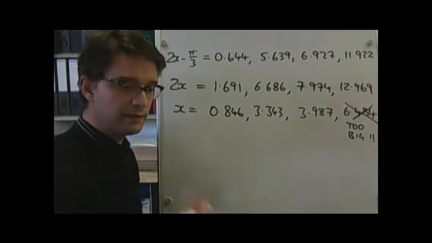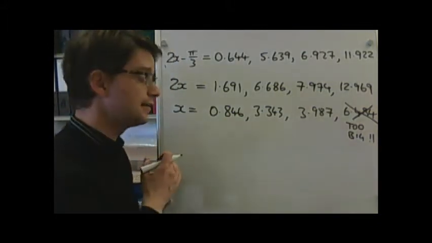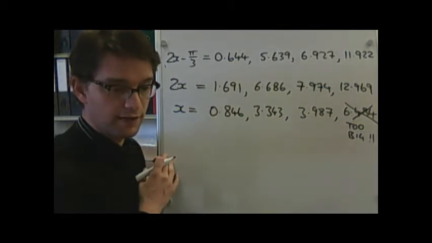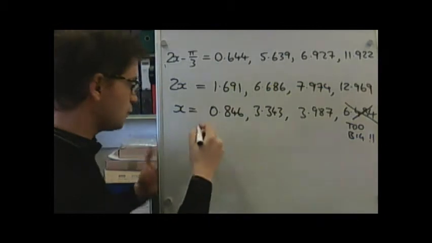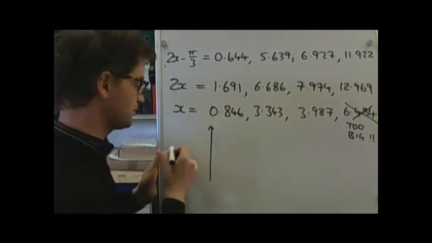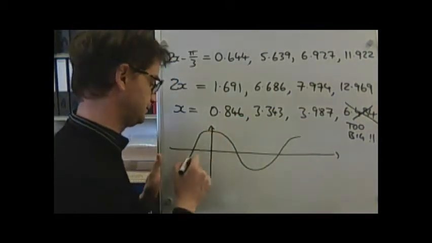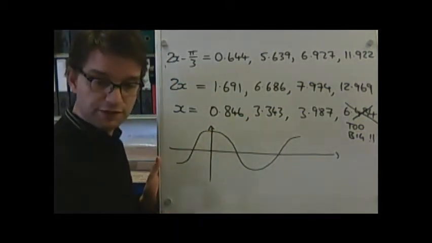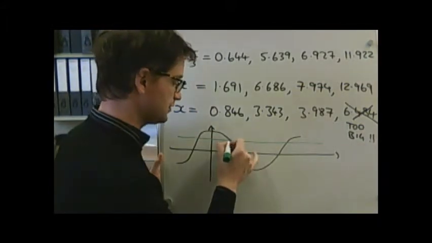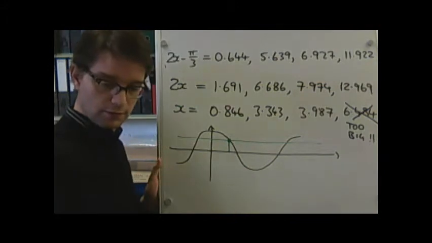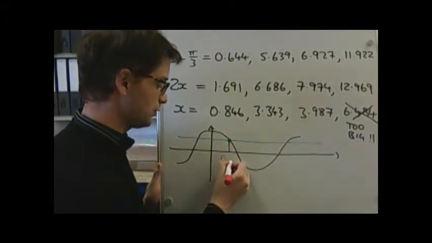What that probably means is there's another solution at the other end, and I need to find where that is. What do I mean? Well, when I drew the cos curve, I started off with it like this. And the first solution I found, we were going across here, and the first solution we found for 2x minus pi by 3 was 0.644.